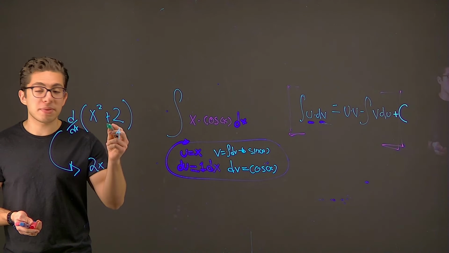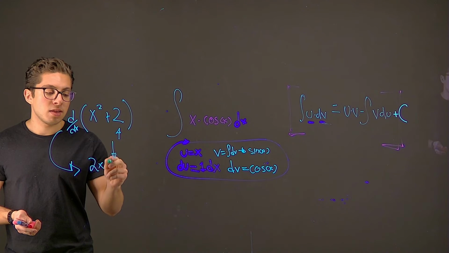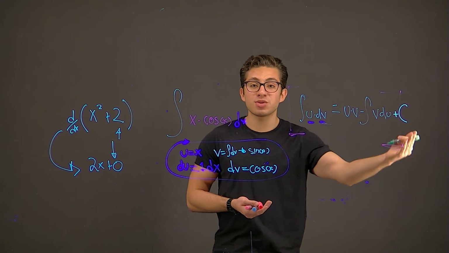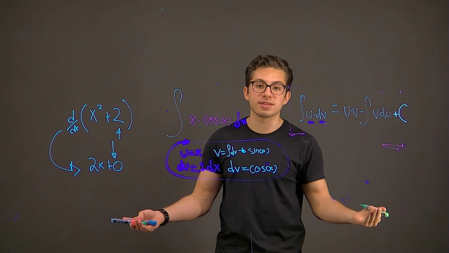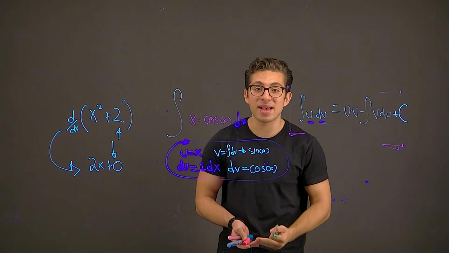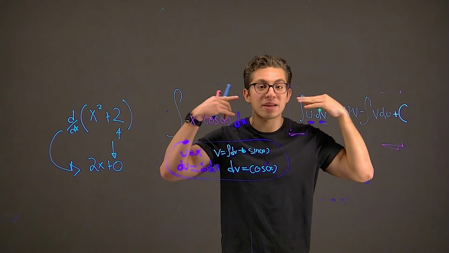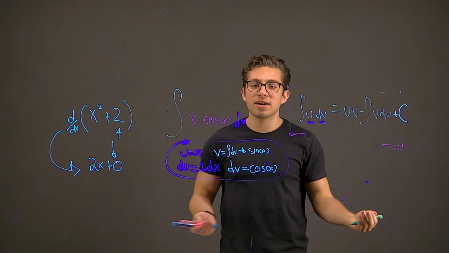What happened to the 2? It became a 0. So the plus c takes into account the term that we lost. So it's usually the best idea to include it. I usually do it in my homework because I remind myself that I want an A, but I forget sometimes.